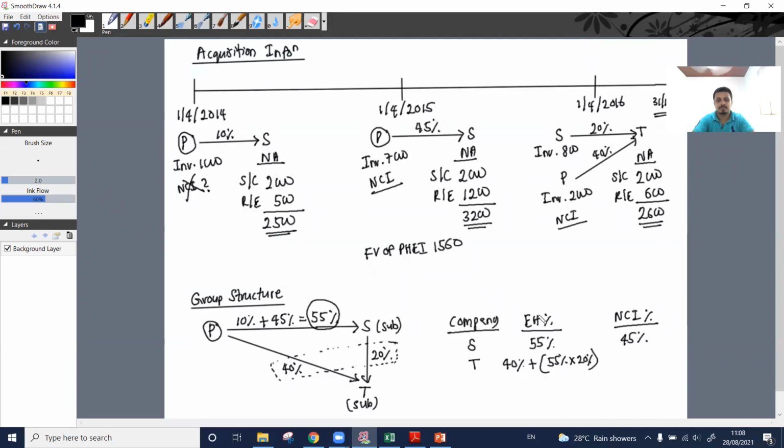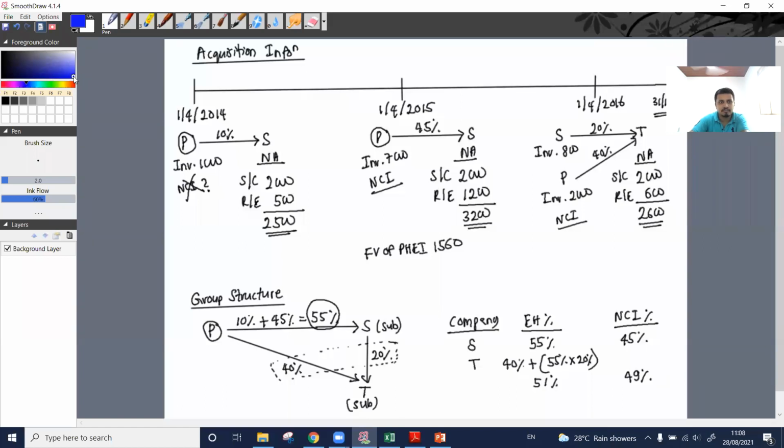So what should be the value? 55% into 20% is 11%, plus this 40%, altogether it should be 51%. 51% is the effective holding percentage of T Limited. The NCI percentage should be what? 49%. Right.